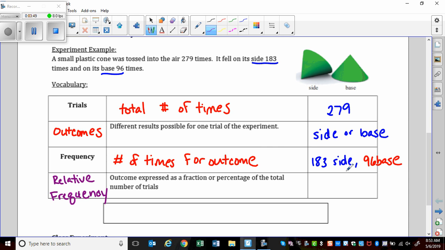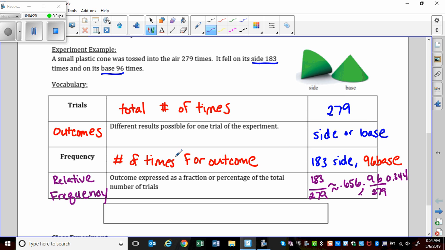So the side would be something like 183 over 279, which is about 0.656 or 65%. And let's put a semicolon. The 96 out of the base over the 279 was about 34% or 0.344.